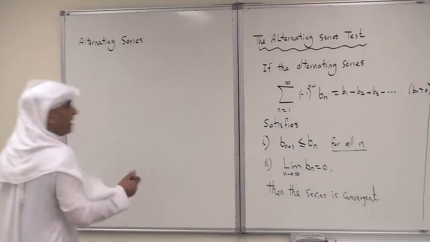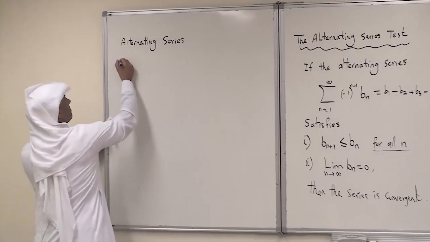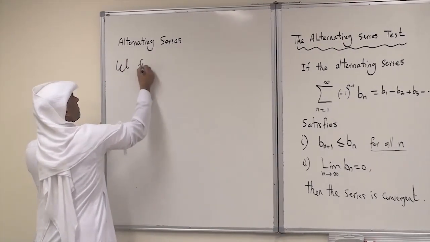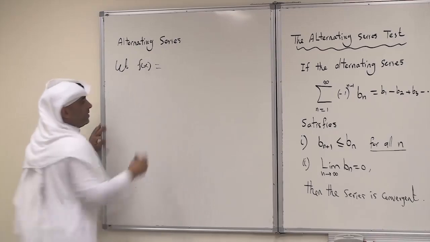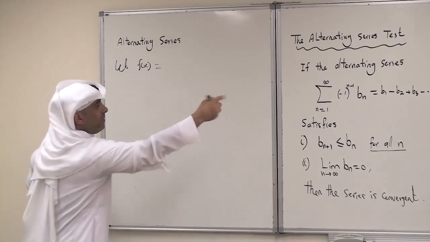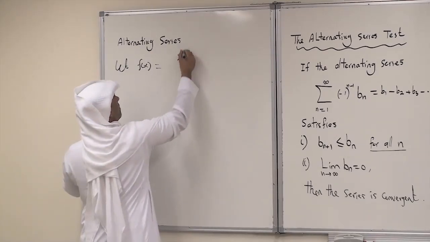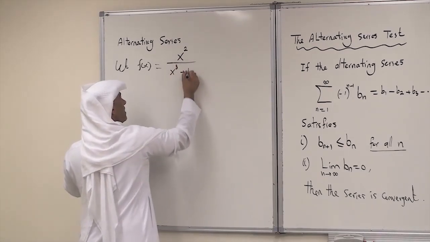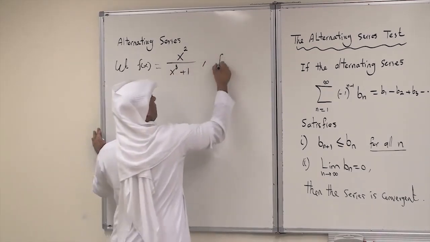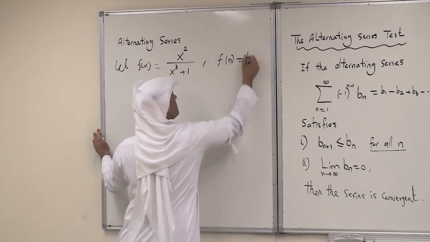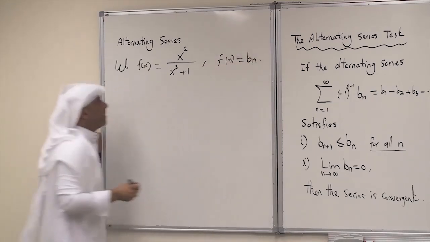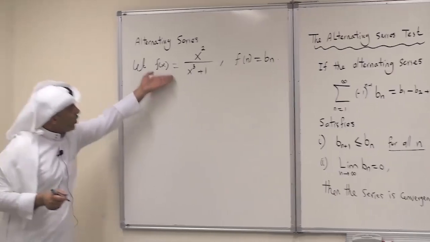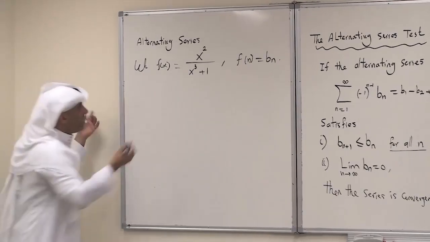So I will define a function here. Let f of x be equal to the same expression, x squared over x cubed plus 1. Note that here f of n is nothing but Bn. Let's try to show that this is decreasing by using the derivative.